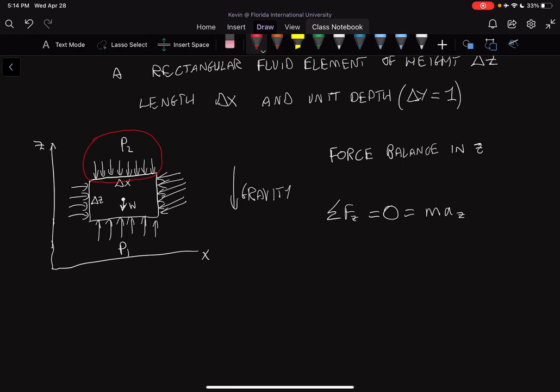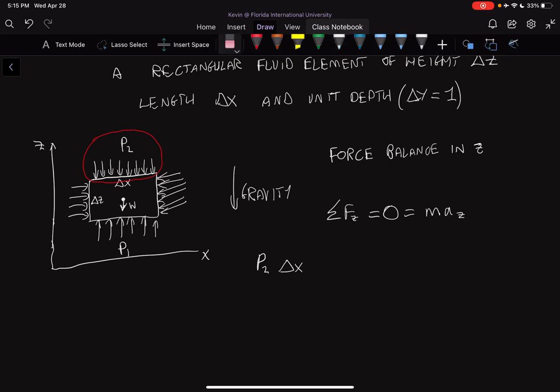So now we have pressure 2 times delta x times delta y, but we remember that delta y is a unit, so it's just going to go to 1. Okay, so I'm going to erase this and make it just equal to 1.